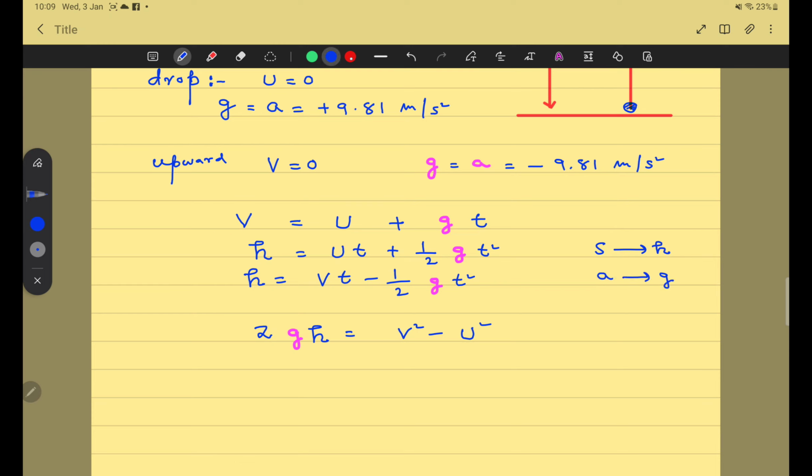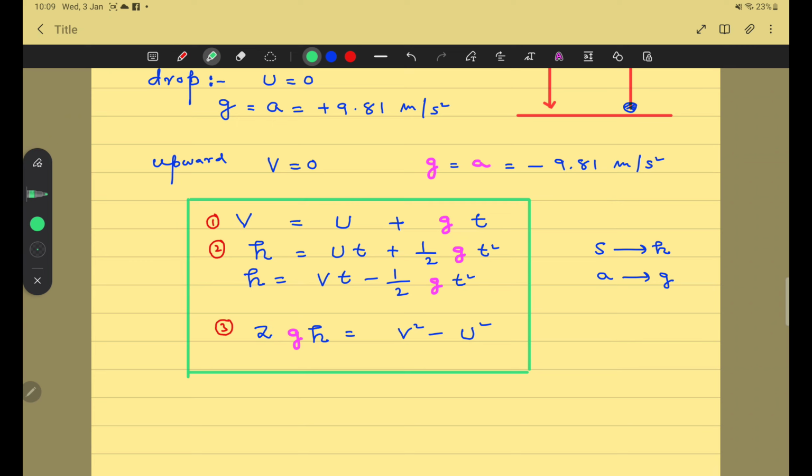The first equation is v equals u plus gt. The second equation is h equals ut plus half gt square. And the third equation is 2gh equals v square minus u square. Now we are going to use these equations for today's class.